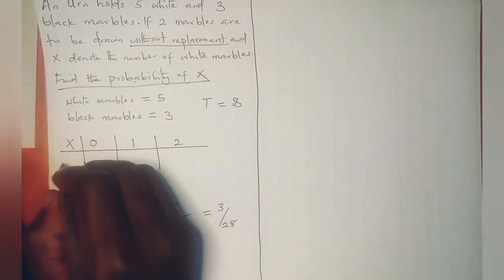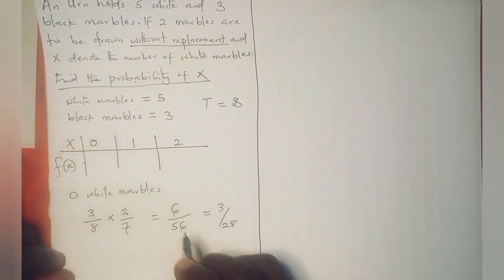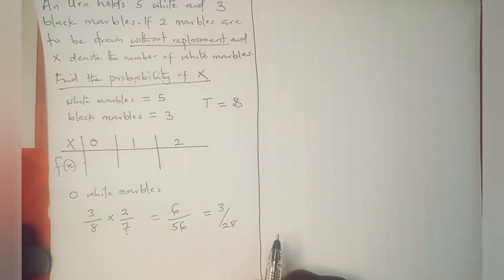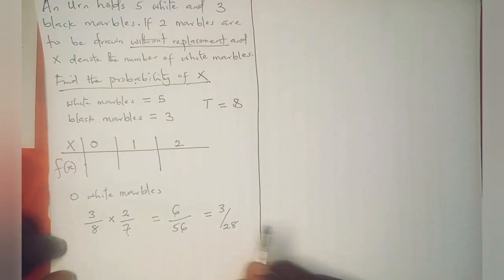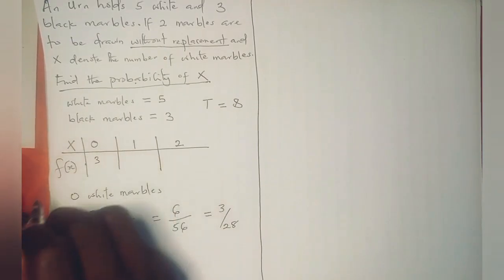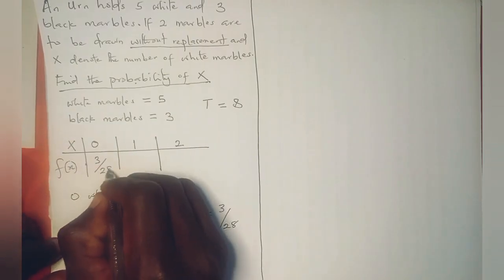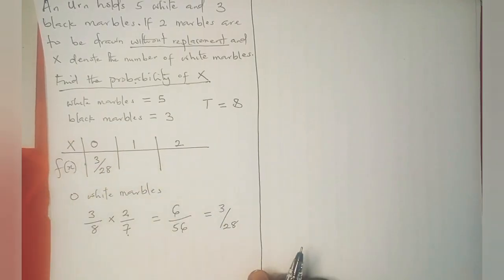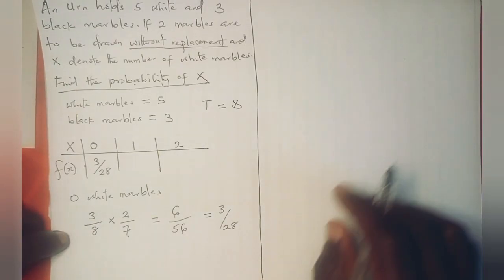So which means for no white marbles drawn, the probability is going to be 3/28. That's the probability of the two marbles, none being white.